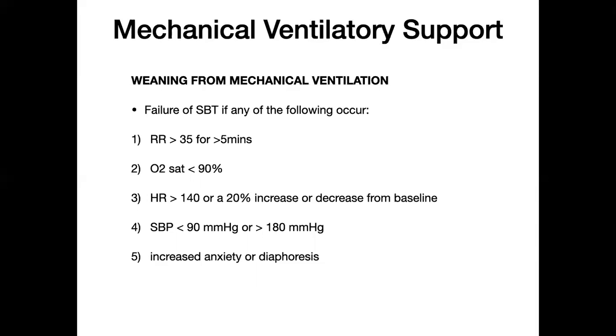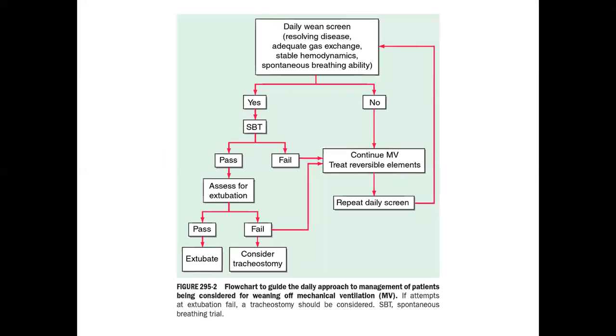Also if the systolic blood pressure falls below 90 millimeters mercury or rises as high as 180, and if there is increased anxiety during the spontaneous breathing trial, or the patient demonstrates diaphoresis, then there is failure of the spontaneous breathing trial. So reassess the patient the following day and look for the reasons why the patient could not tolerate the spontaneous breathing trial.